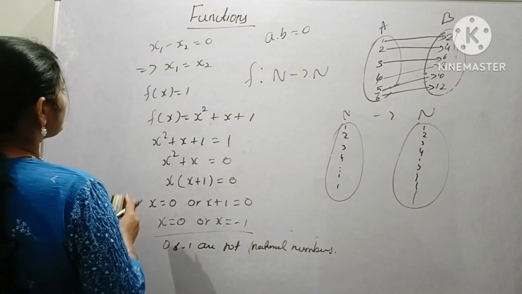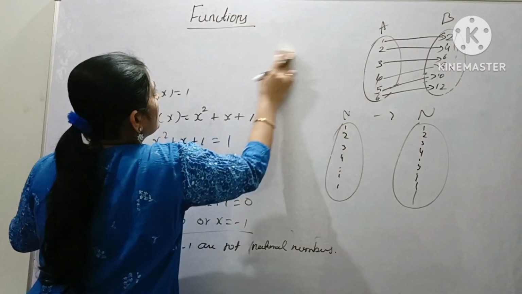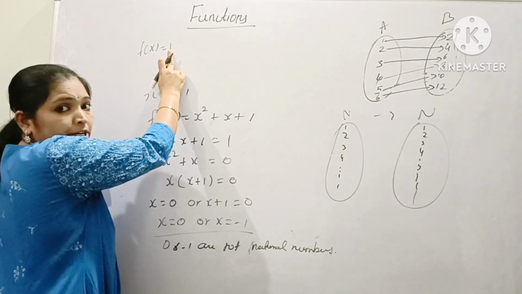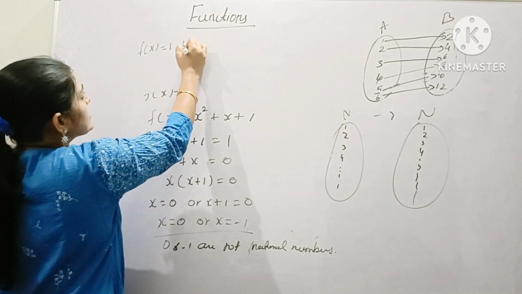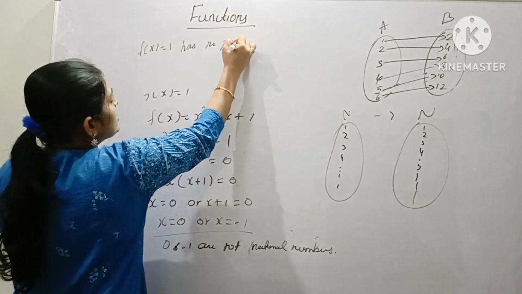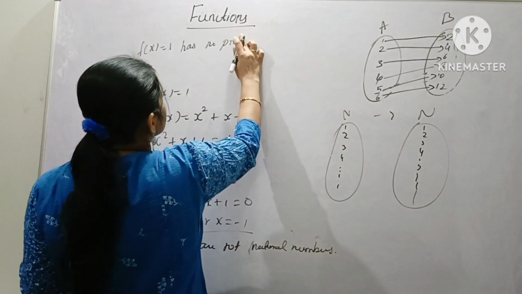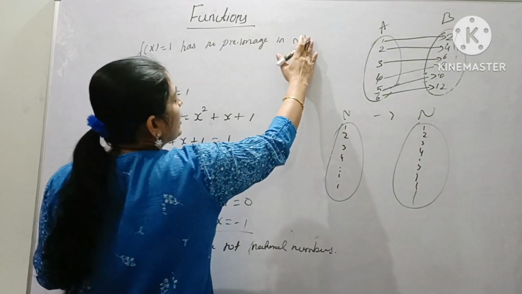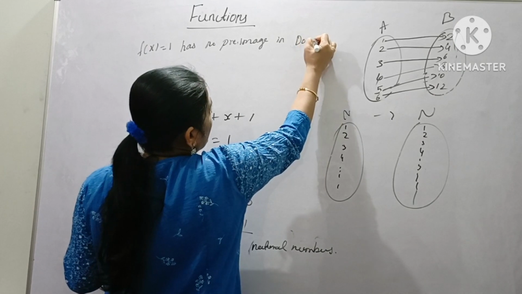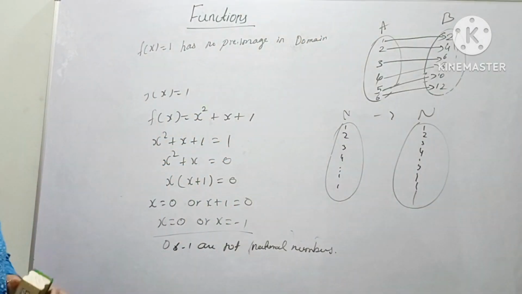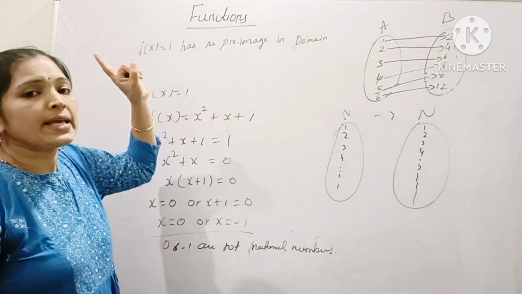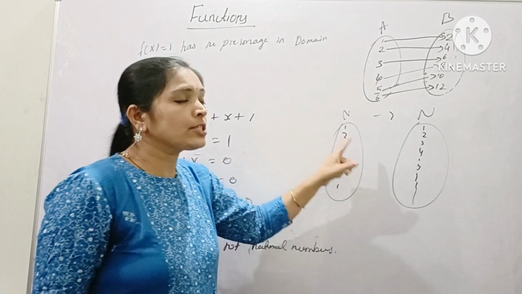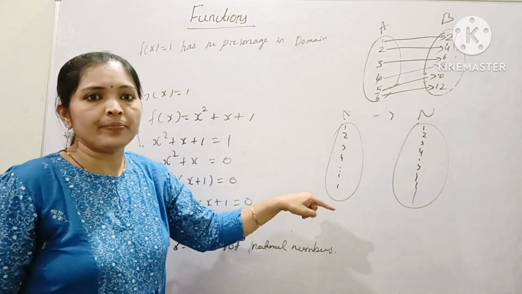So f of x is equal to 1, that is, the element 1 in the codomain has no preimage in N, or in the domain.